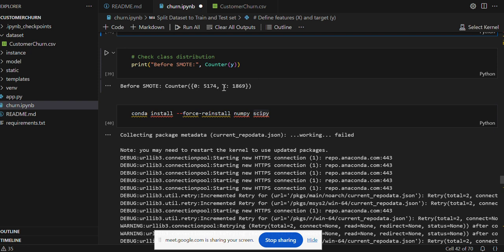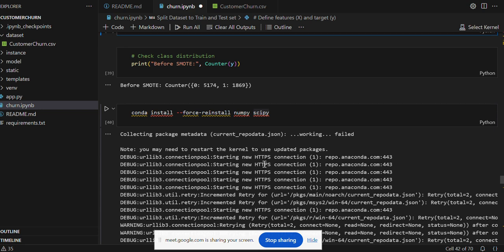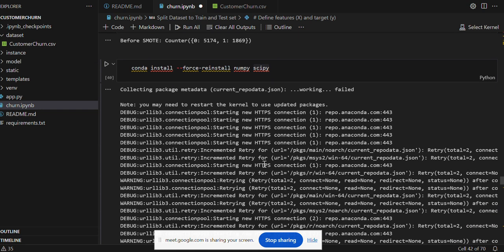For the class of 1, which is churn, we have 1,869. So you can see it's not equally distributed, not balanced.